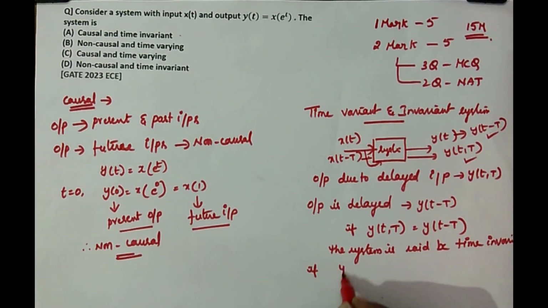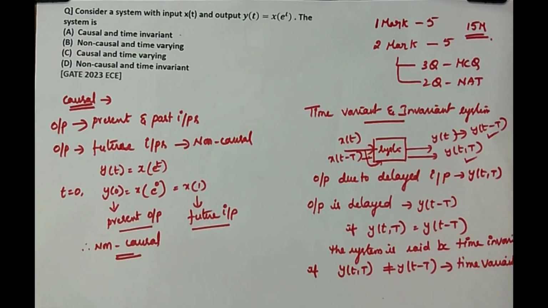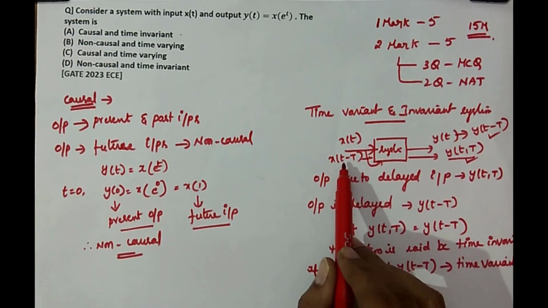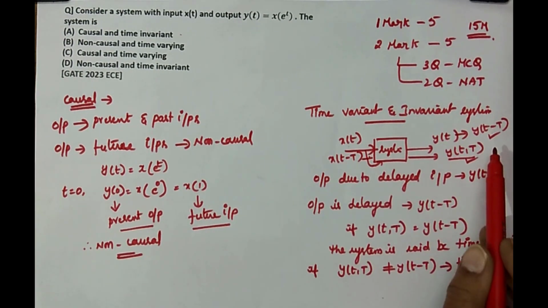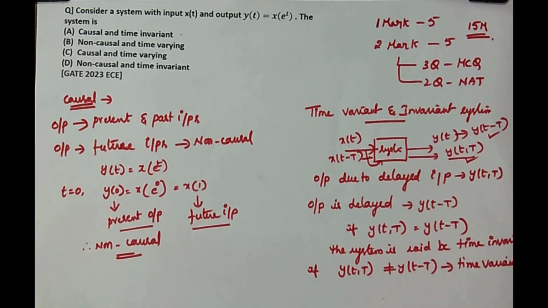If y of t comma T is not equal to y of t minus T, then the system is said to be time variant. Time invariant means the delay introduced at the input side or the delay introduced at the output side won't change the system characteristics. Then that system is called time invariant system, and if the two are not same, that is time variant.